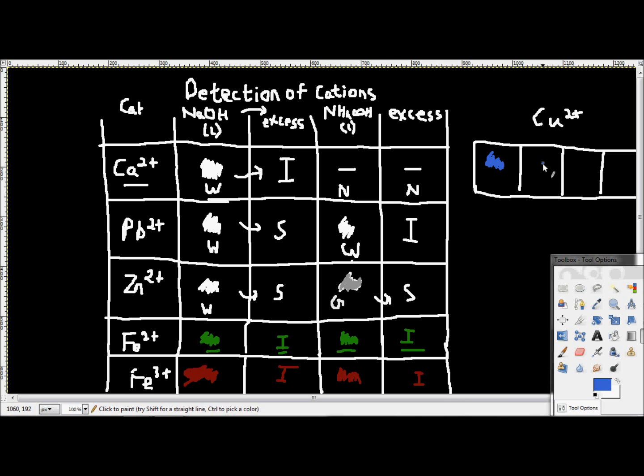And it is insoluble in excess. With NH4OH it again gives the same bluish precipitate, but here in NH4OH excess it is soluble. The way I remembered it was, I think you would have guessed now, bibs. So all you can do is just associate that with Cu2+.